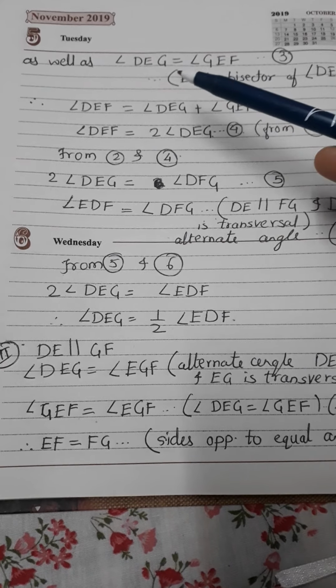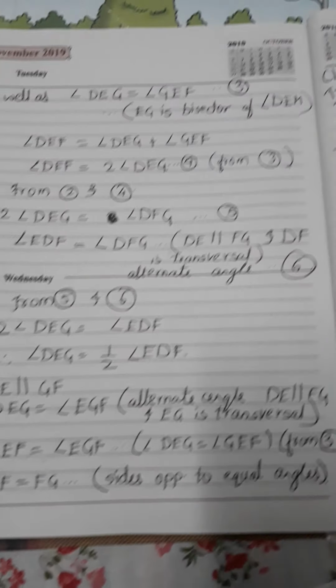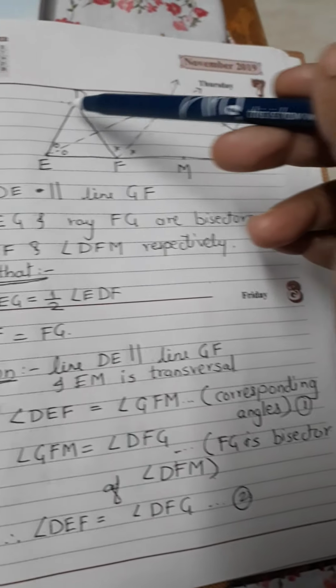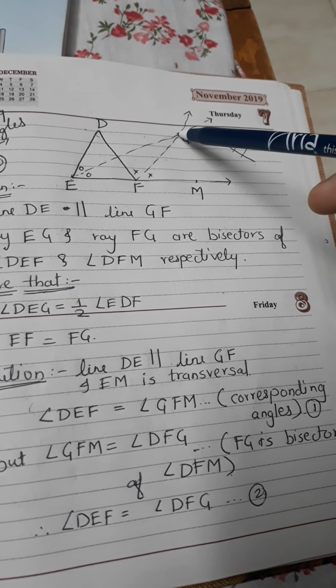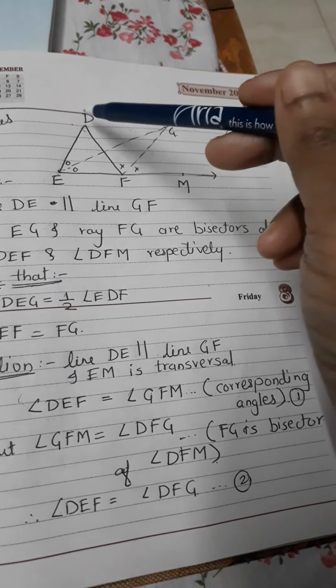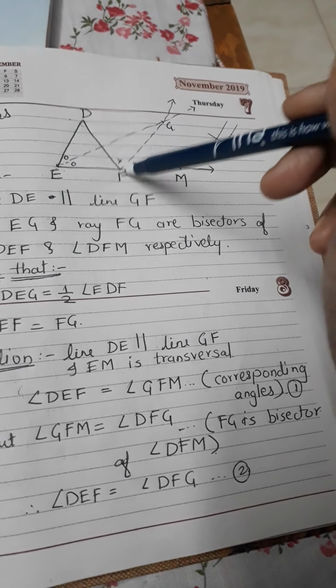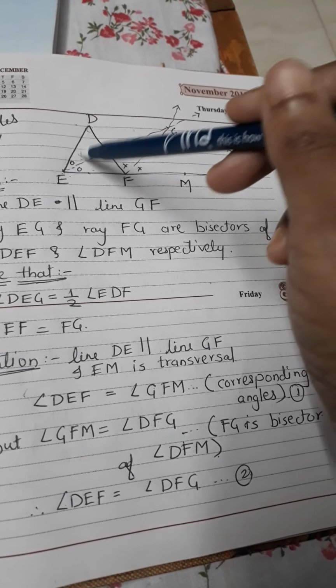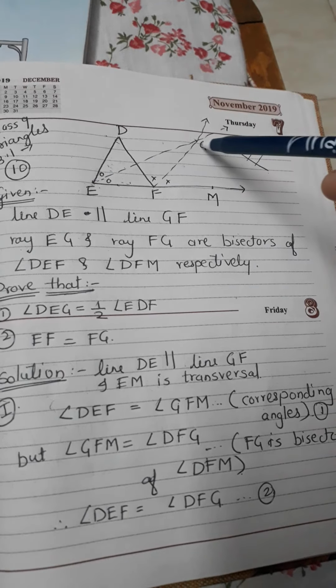DEG is equal to GEF. Now have a look at the diagram. DEG will be equal to angle GEF. These two angles are also the same. Why? Because this is the angle bisector.